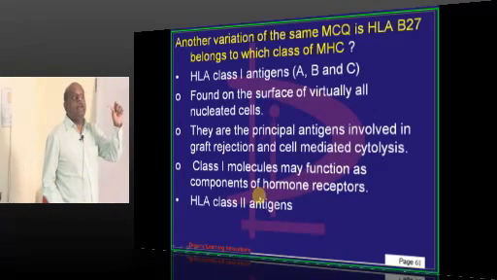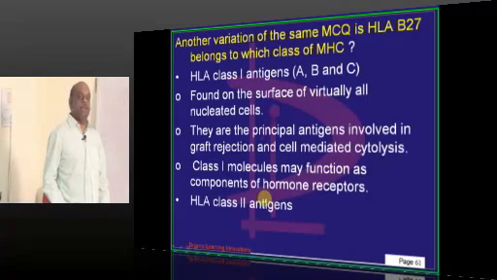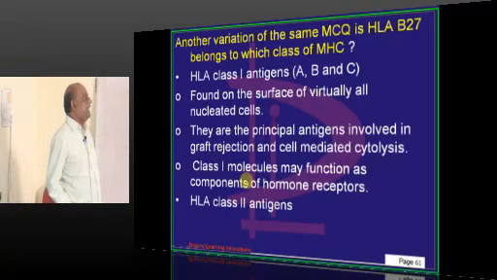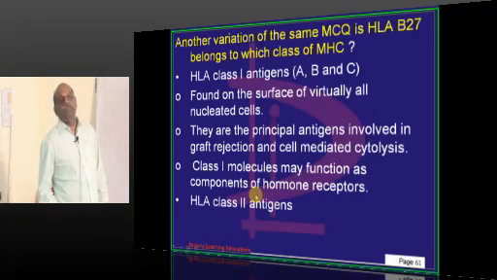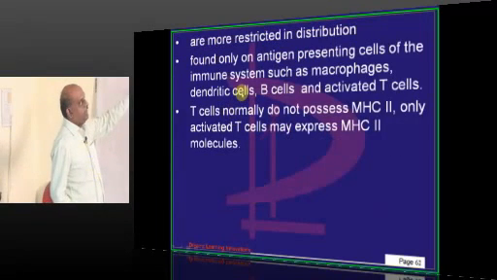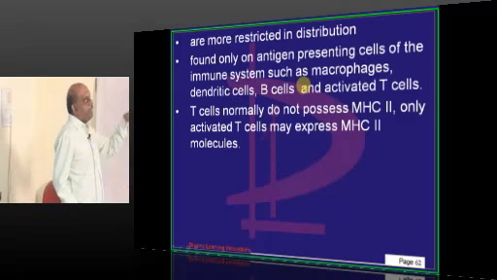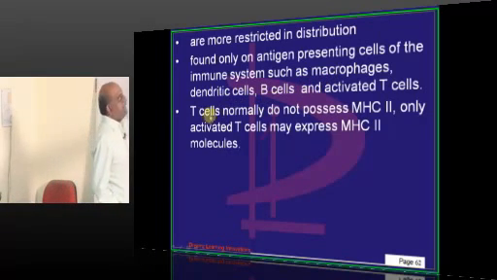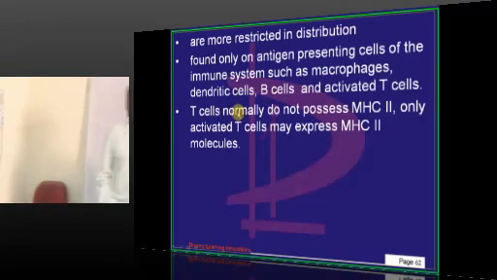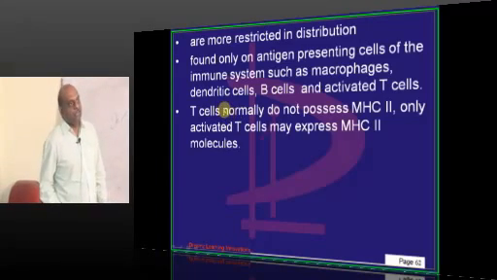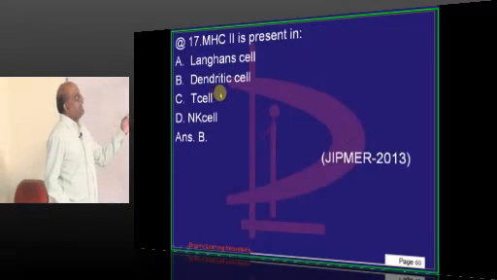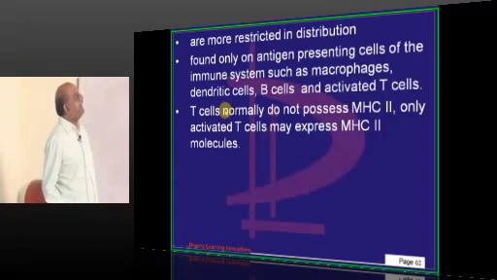Then hormone receptors are which type of MHC class? They are basically class 1. They are the important things to remember. Then class 2, they are more restricted in their distribution, and they are found on the antigen presenting cells like the dendritic cells, is what you need to basically remember. So that is the reason, doctor, MHC2 is present on the dendritic cells.